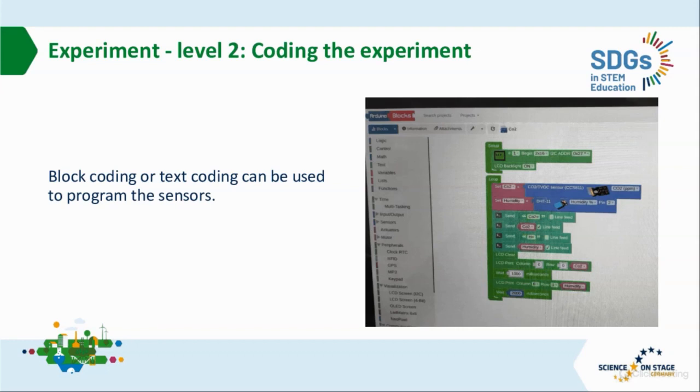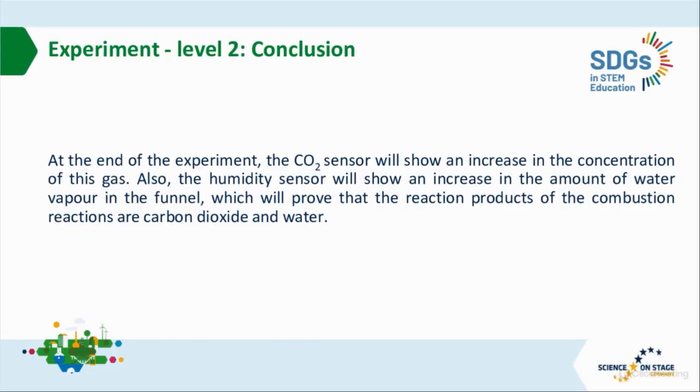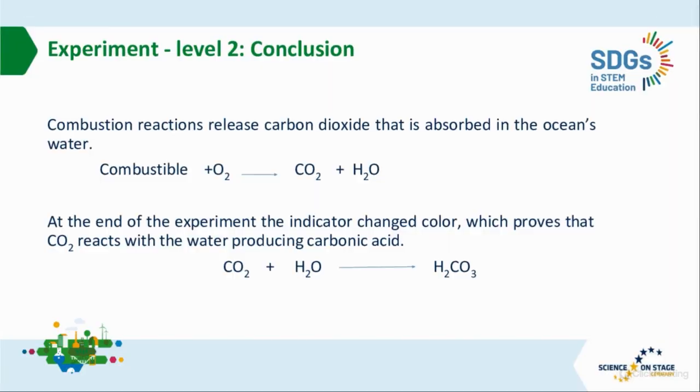provide to your students. So they should come up with a similar idea that CO2 increases throughout the experiment, which will prove that it's a product of this chemical reaction. The humidity sensor should record how the humidity increases. So that also explains that water is produced in the chemical reaction.